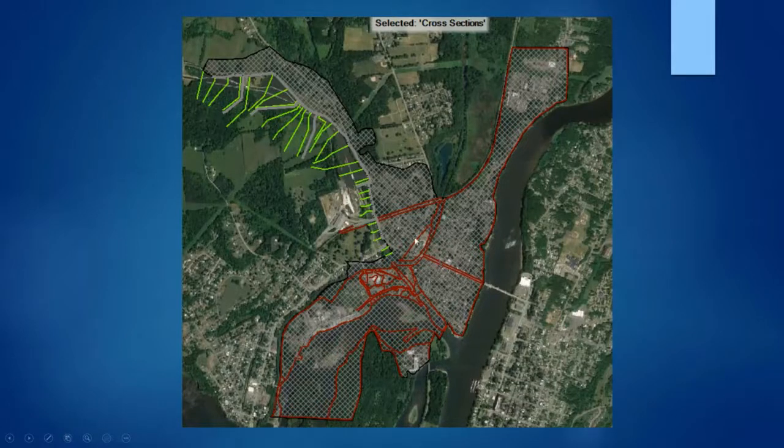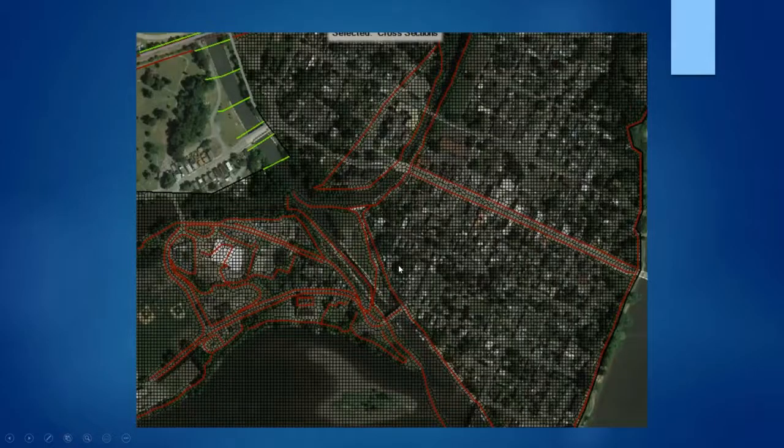But if you wanted to get more realistic results, the other ones were conservative and useful. But this would give you a little bit more realistic depiction of where the extents of the floodplain are, or the dam breach flood wave inundation area. This is just a close-up of that area.